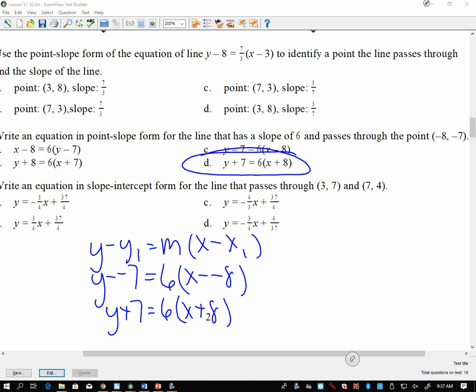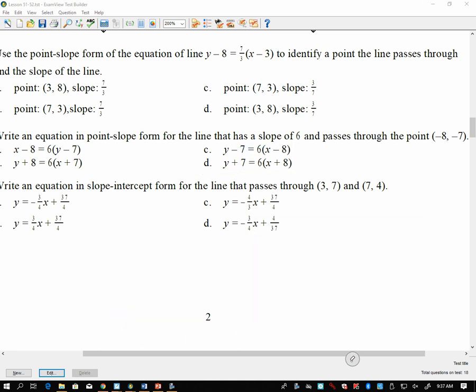Now, this next one requires an additional step. Have we talked about the slope formula? How do we find slope given 2 points? Does anybody remember what that formula is? Because that's what we need.